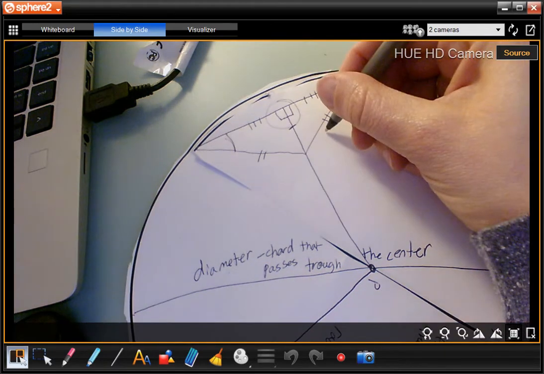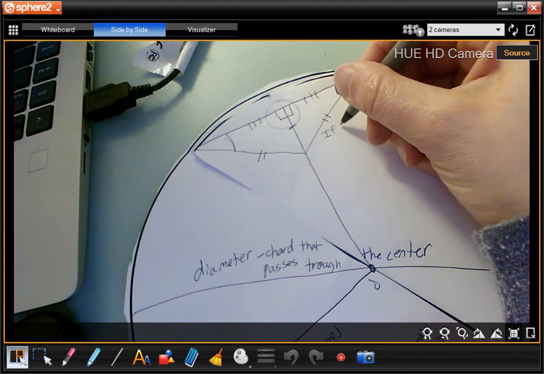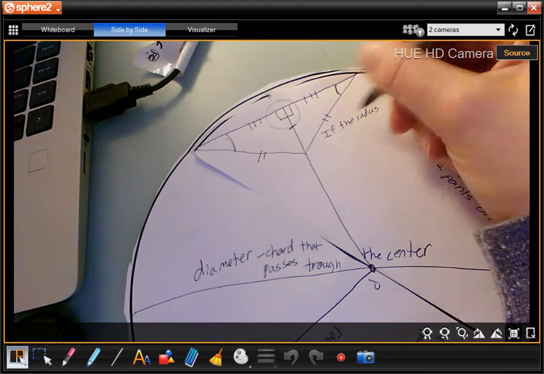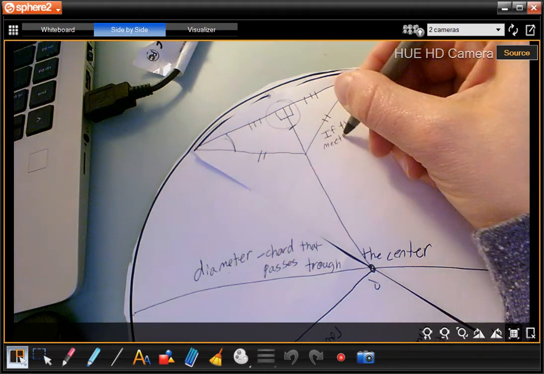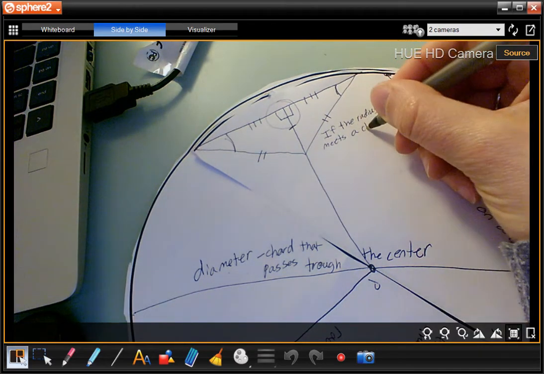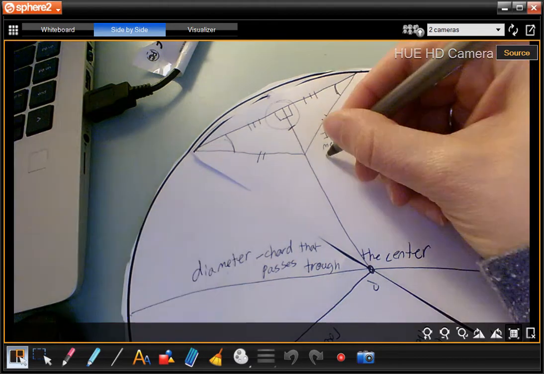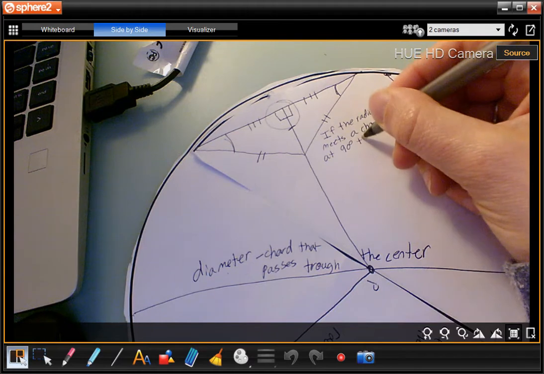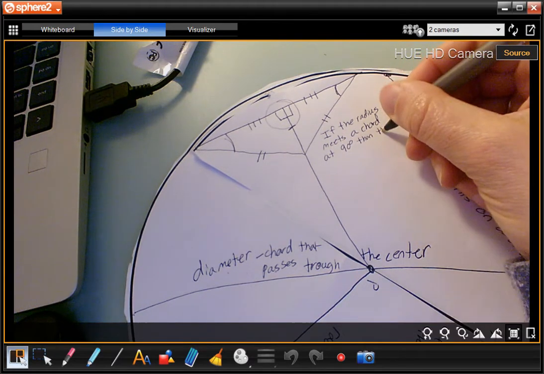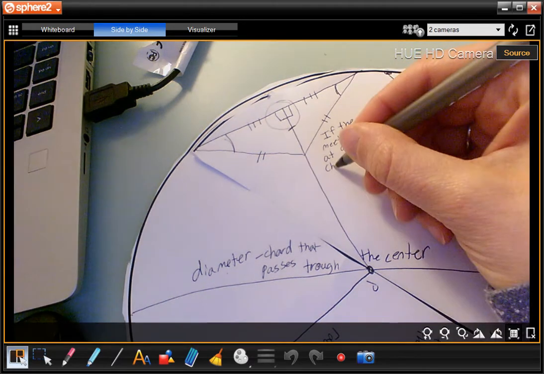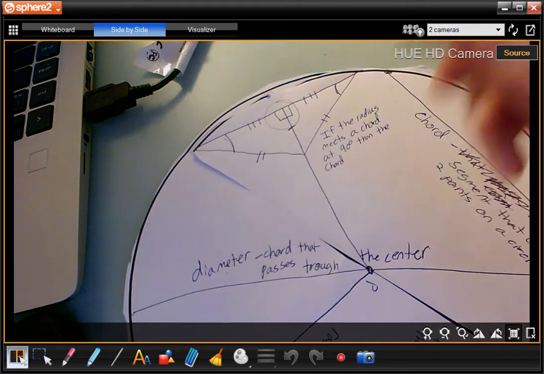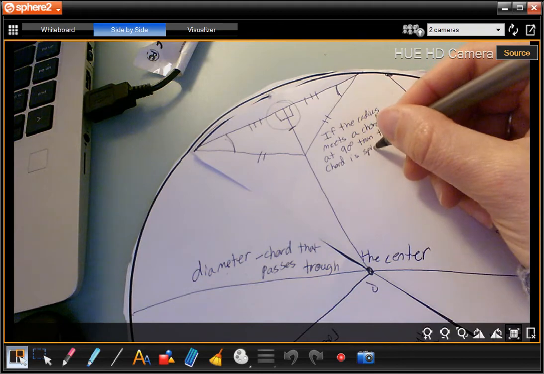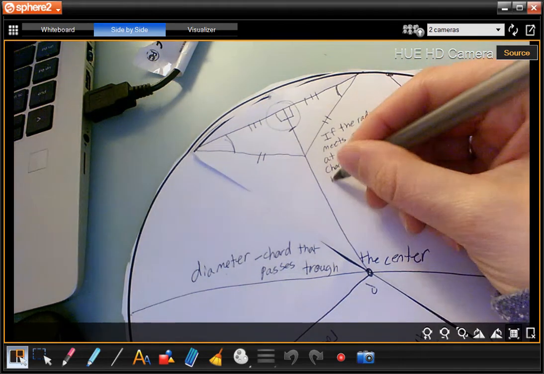So we're going to put that down. If the radius meets a chord at 90 degrees, then the chord is split in half at that point.